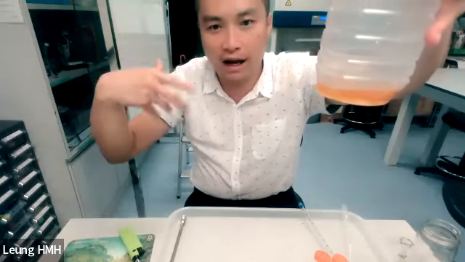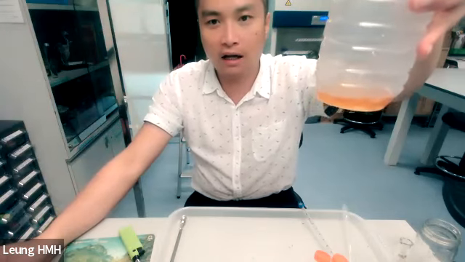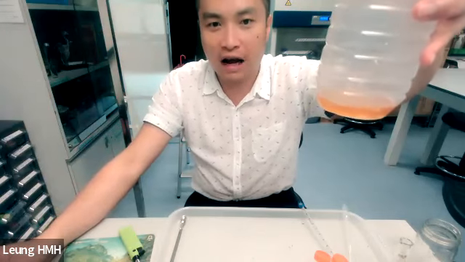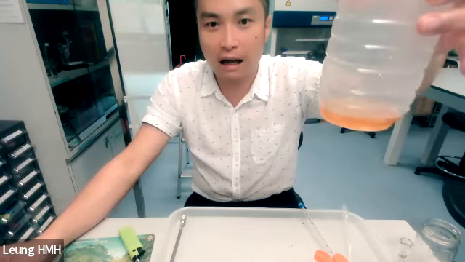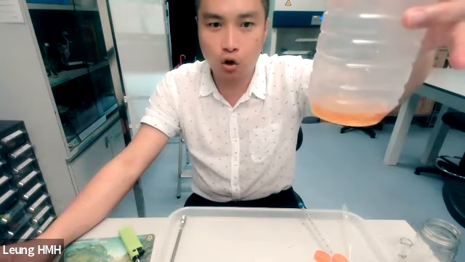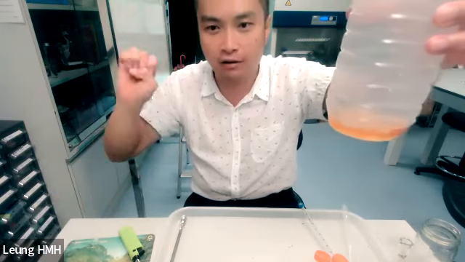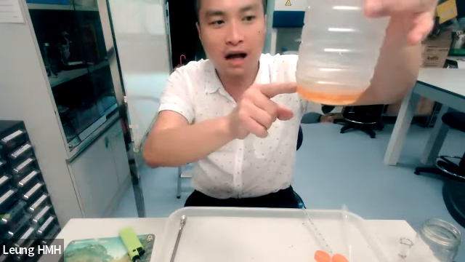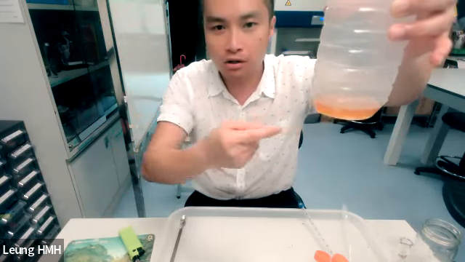Because when we perform transesterification, it will further lead to another reaction, which is called saponification. Saponification means we produce soap, right? Soap, that you use for bathing. So at the same time, it will produce soap.